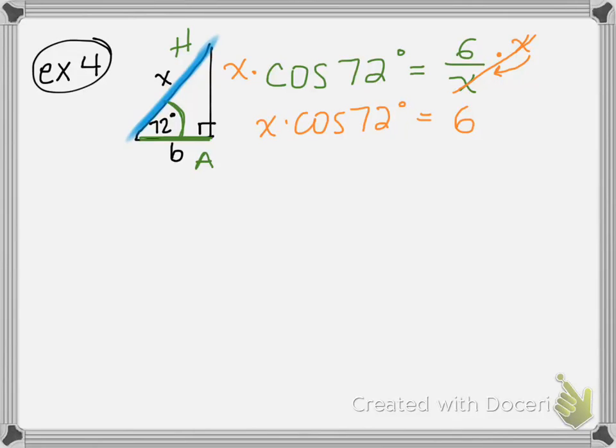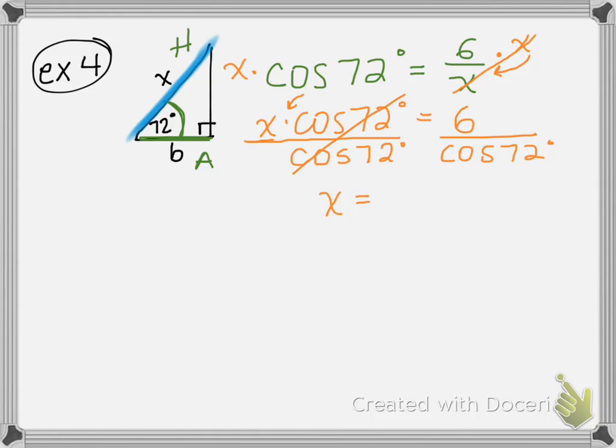Well, our x is not by itself yet. So in order to do that, we're multiplying here, so opposite of multiplying is dividing. We're going to divide by the cosine of 72 degrees on both sides. And that cancels out, so all that's left is x.